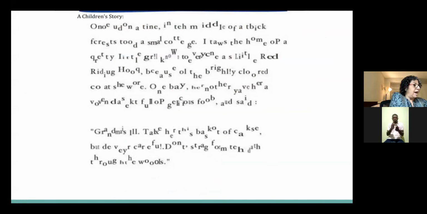Okay. Yeah, so let me try to read this passage from here, what it says here. Once upon a time, in the middle of the thick forest, there stood a small cottage. It was the home of a pretty little girl.